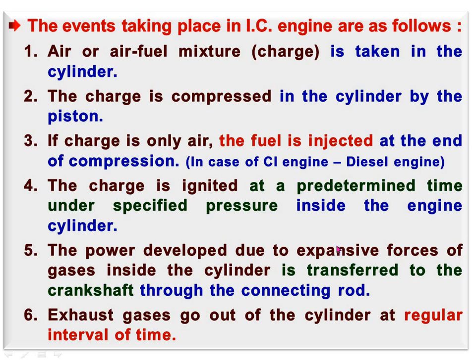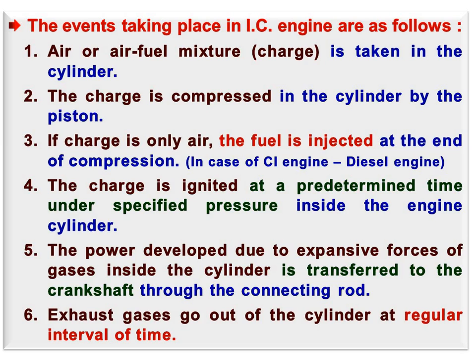The power developed due to the explosive forces of the gases inside the cylinder is transferred to the crankshaft through the connecting rod. Means as and when the fuel introduced in atomized form through the injector after the compression stroke is ignited, it produces exhaust gases.